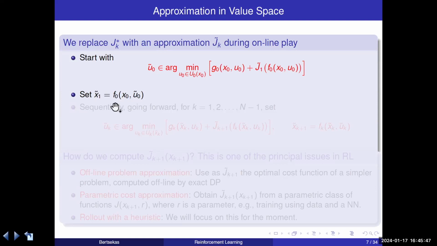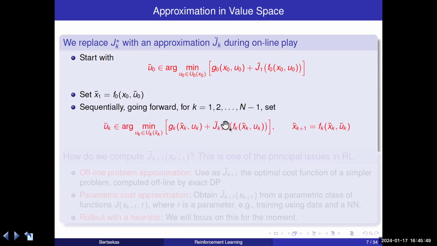And once we know this state, we can do this minimization and get U1 tilde and go forward, U2, and so on, all the way to the end. Now, this is a much easier calculation than the calculation involving the J stars. And that's why we do it, and that's why it is the principal method in approximate dynamic programming.